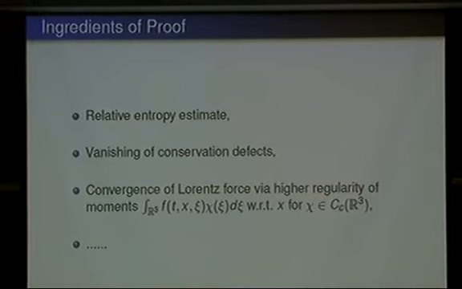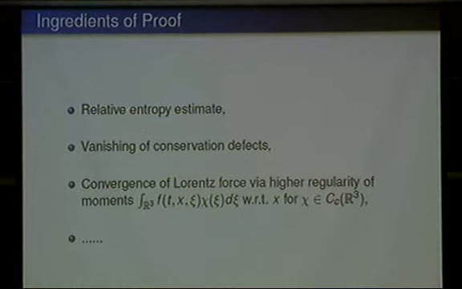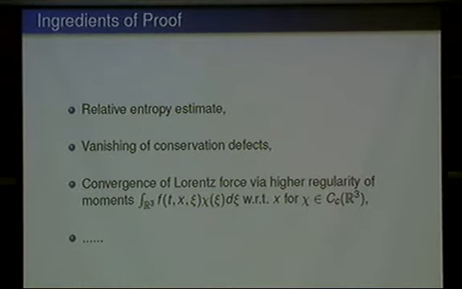In this problem, you need to look at the relative entropy. You have to get a good estimate on that, and then the conservation defects. Of course, the conservation is not exact, so you have to try to show that the error also goes to 0. Also you need to use the high regularity to show the convergence of the Lorentz force.